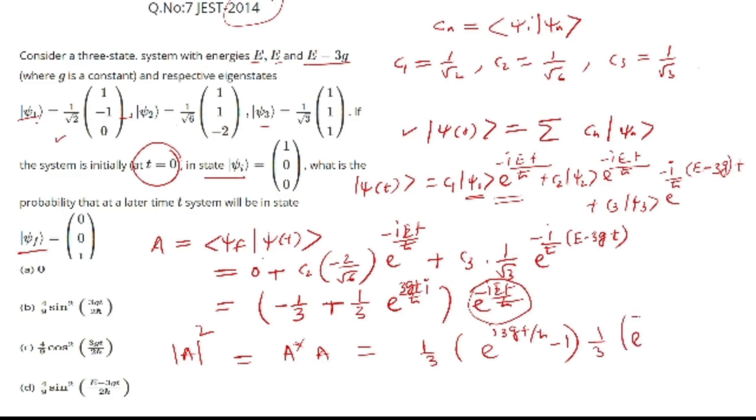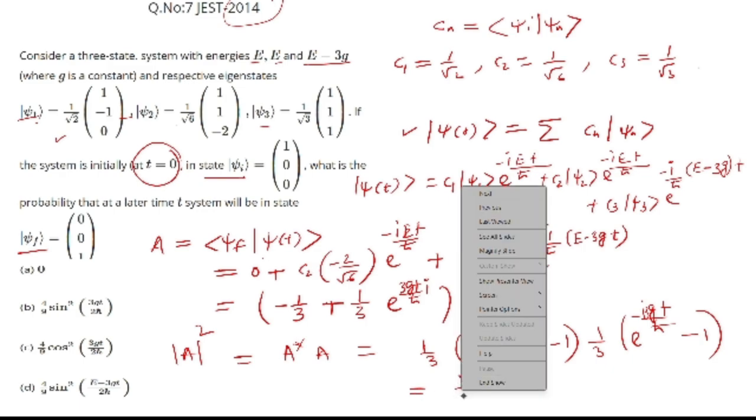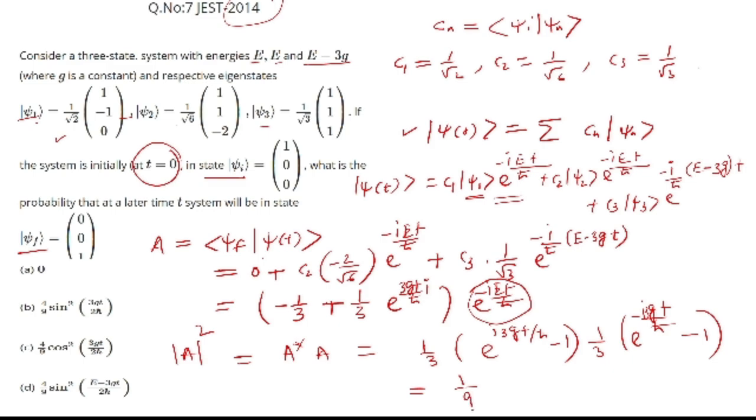It is e to the power minus iota 3gt by h cross minus 1. So it gives 1 by 9. If we multiply them, the first term gives 1, the second term is as it is, the third term is minus of this, and the last term is again plus 1. So it gives what?